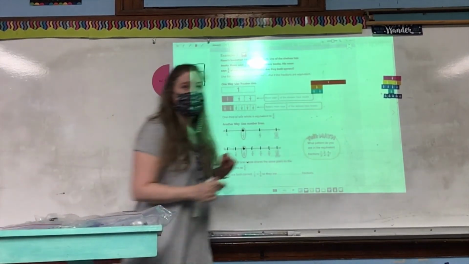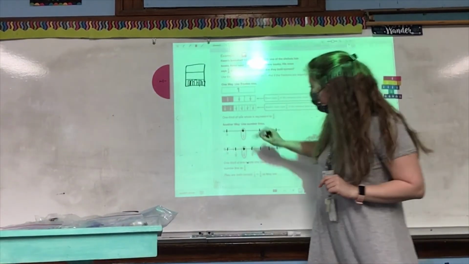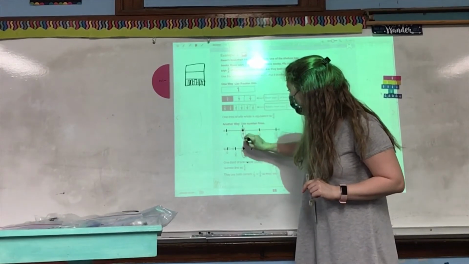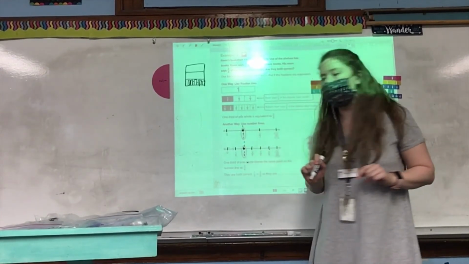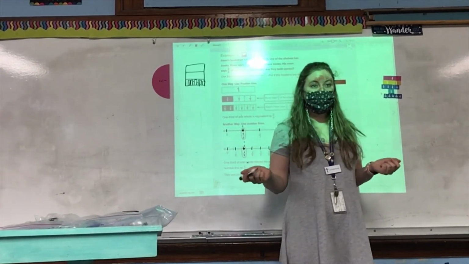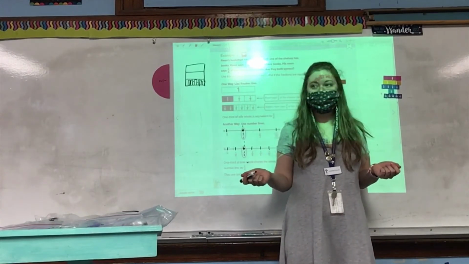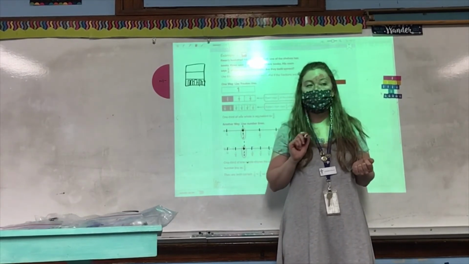Now let's look at them. Can we draw an imaginary straight line that goes right through both? Can we? So are they equal? Are they equivalent?